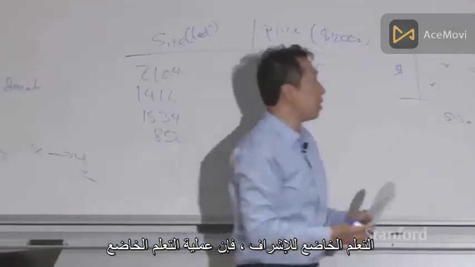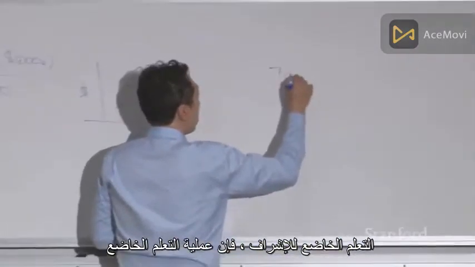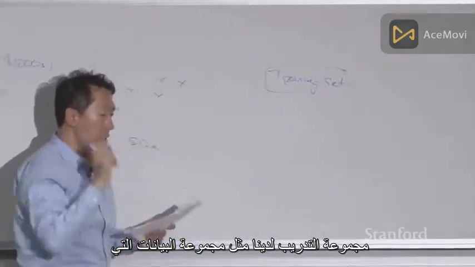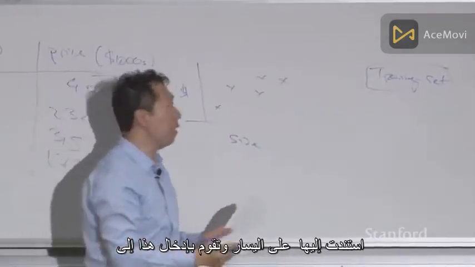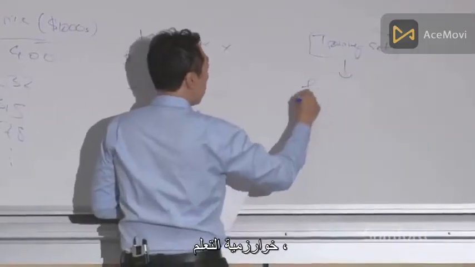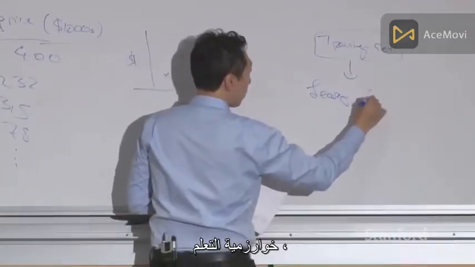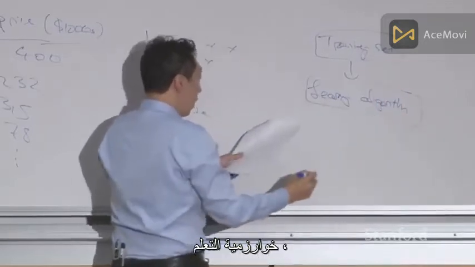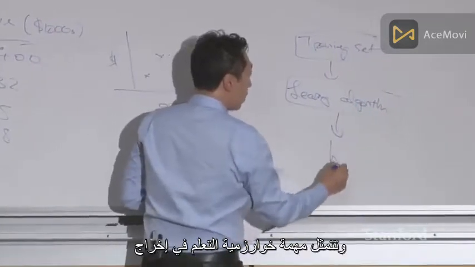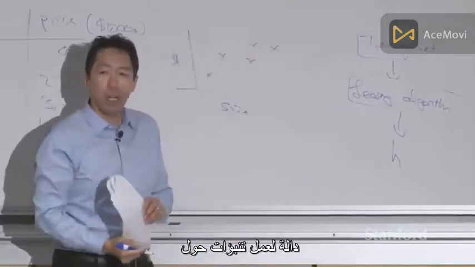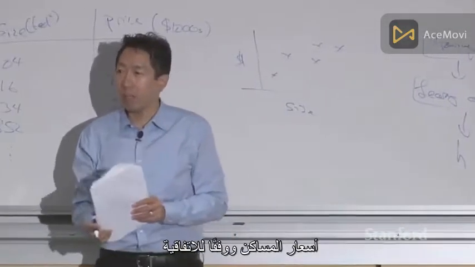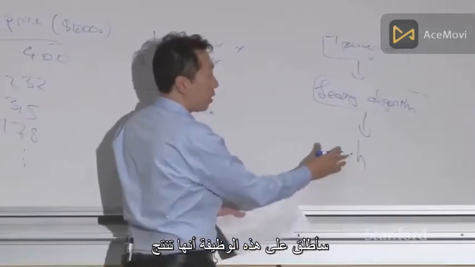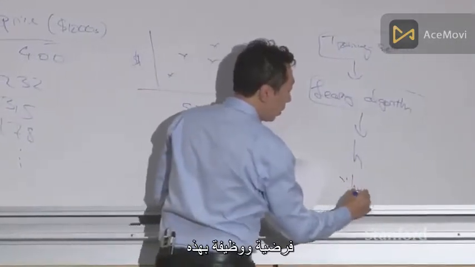So in supervised learning, the process is that you have a training set, such as the data set that I drew on the left, and you feed this to a learning algorithm. The job of the learning algorithm is to output a function to make predictions about housing prices. By convention, I'm going to call this function that it outputs a hypothesis.